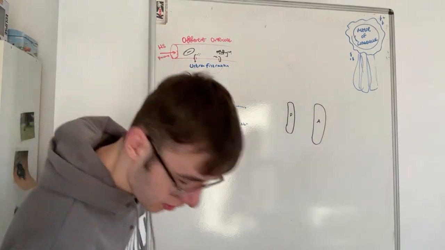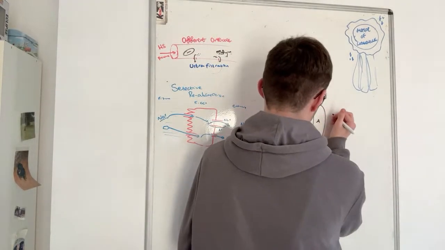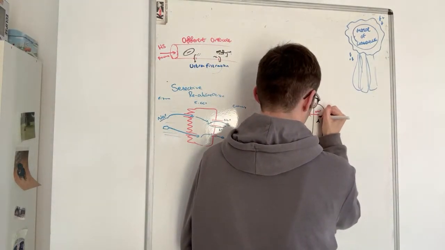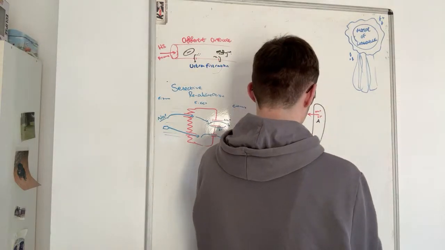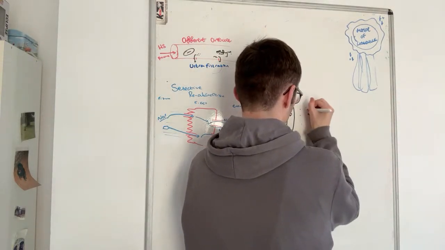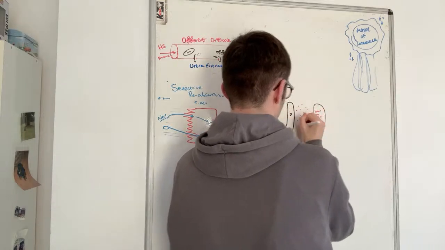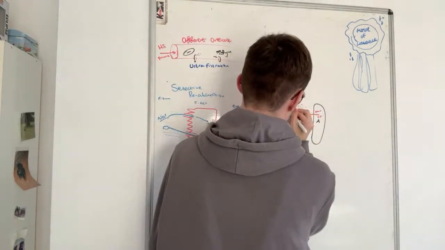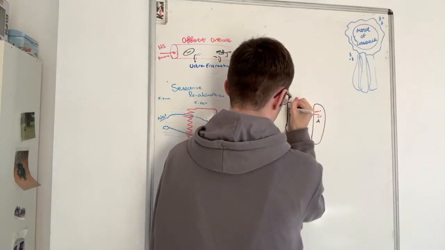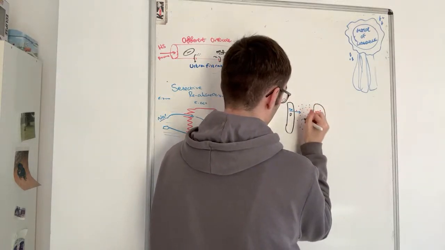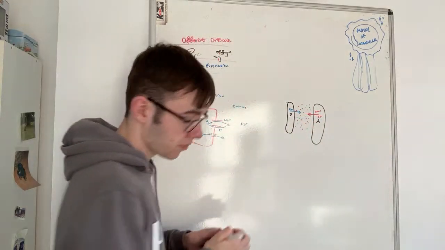So first thing, the ions are going to get pumped out into here. That is obviously going to cause this solution to now be more concentrated with ions. As a result, water is going to move out via osmosis, which will create an equilibrium, balance it out.